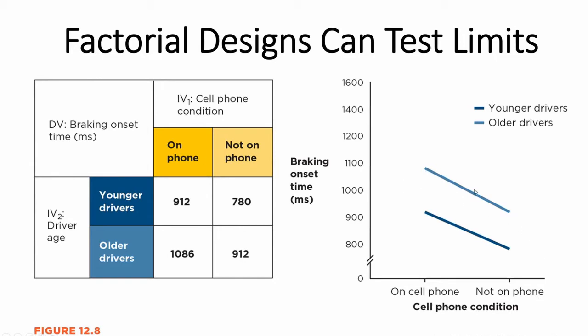This is just that older drivers have a slower reaction time no matter what. So we can tell that there's no interaction here, because the two lines are parallel. So we're indicating that talking on a cell phone and your performance because of talking on a cell phone is not dependent on age.